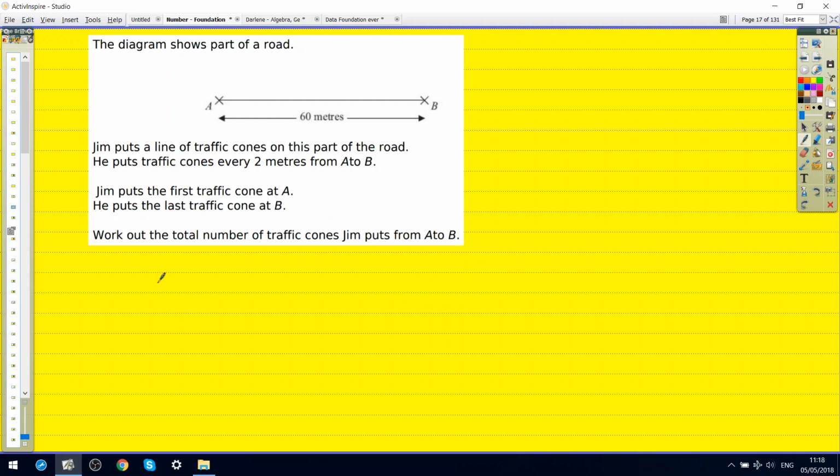So the little trick here is he puts the first cone at A, and so that's like there's a cone at 0. So it doesn't start from 2, it starts from 0. So how many cones in total?